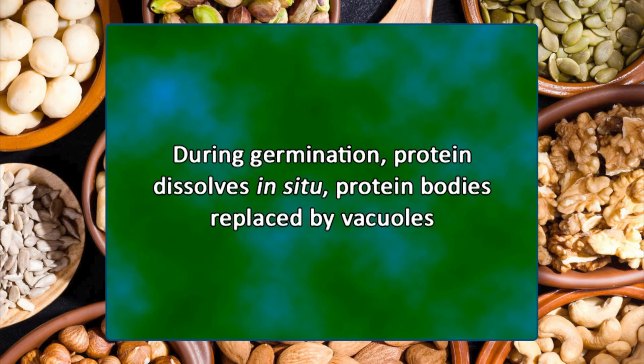During germination, the protein becomes dissolved in situ and the protein bodies are replaced by vacuoles which may fuse into one large vacuole. Reserve proteins are degraded to amino acids and small peptides by proteinases and peptidases.